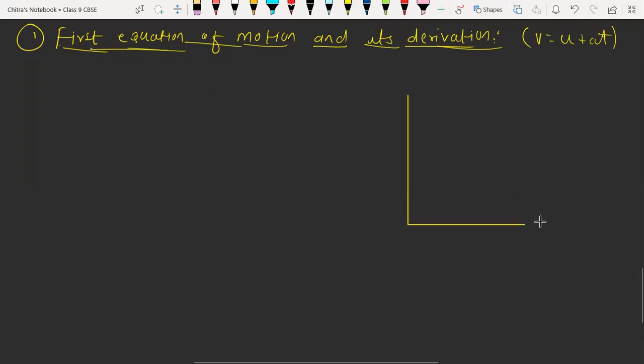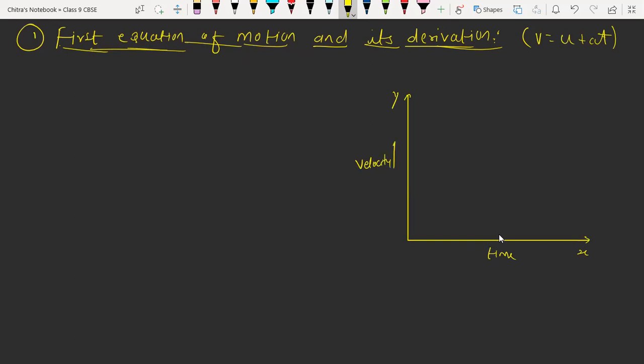Suppose this is the graph, the velocity-time graph. Here we have the y-axis and here we have the x-axis. Suppose I am taking time on the x-axis and velocity on the y-axis.